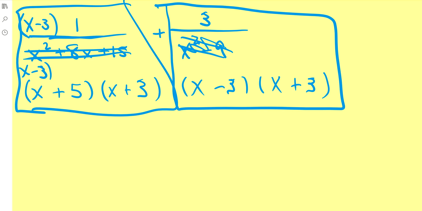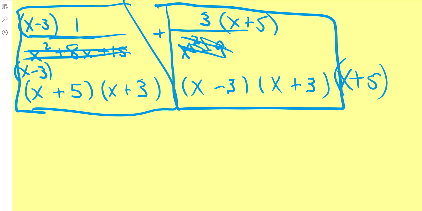So I've got 3 components that make up the denominator now. And then on this side, I've got an x minus 3 and an x plus 3, but I need an x plus 5. So I'll multiply top and bottom by x plus 5 and x plus 5. Okay, so stop a moment, reorganize a little bit, and let's decide what I have.